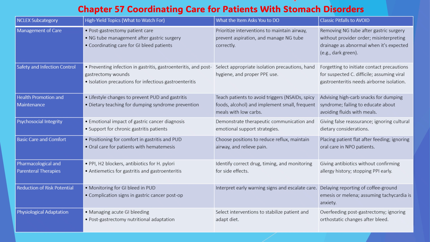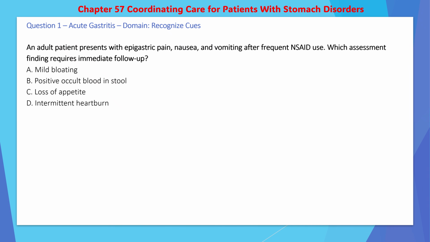So now we're going to start with the 16 questions, and we'll see how patients with stomach disorders might appear in questions. These are practice questions for this chapter. We start with acute gastritis.